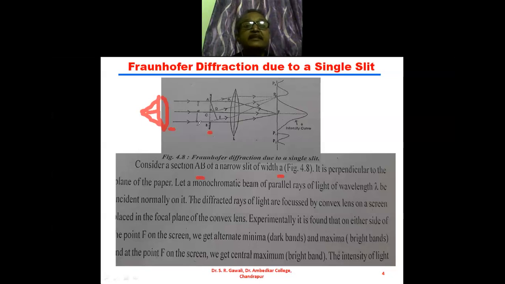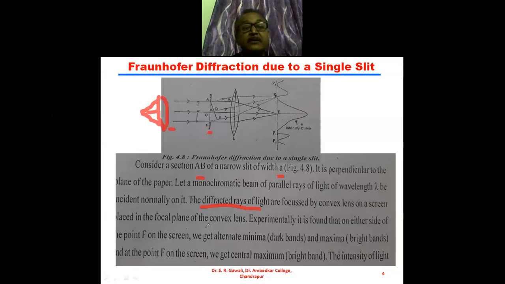This is nothing but the distance between the extreme rays of light. Let a monochromatic beam of parallel rays of light of wavelength lambda be incident normally on it. The diffracted rays of light are focused by a convex lens on the screen placed at the focal plane of the convex lens.